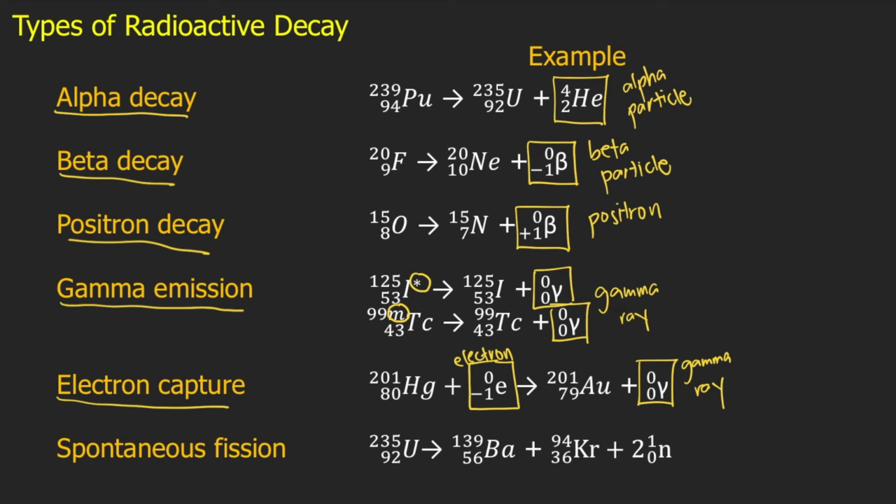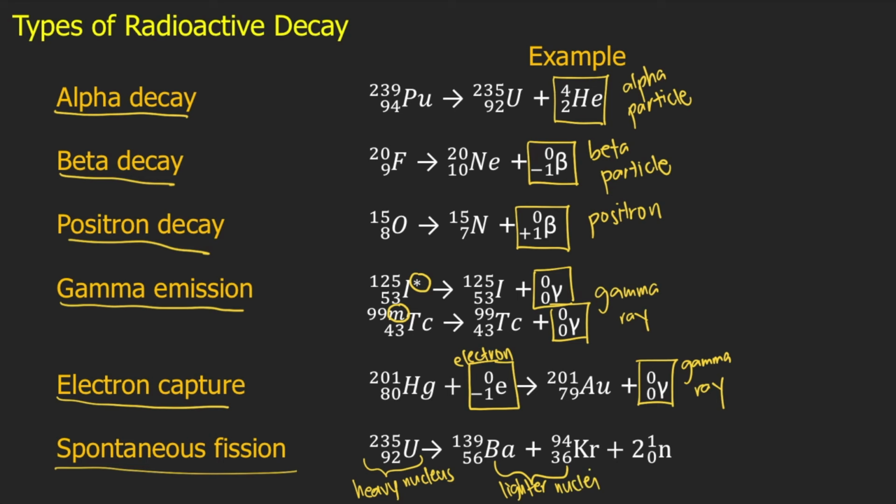And lastly, we have spontaneous fission. In spontaneous fission, you have a heavy nucleus, and it splits into lighter nuclei.